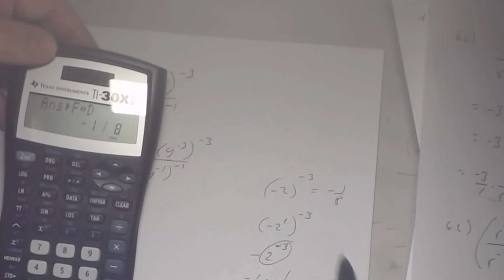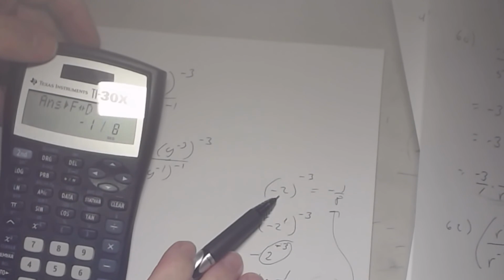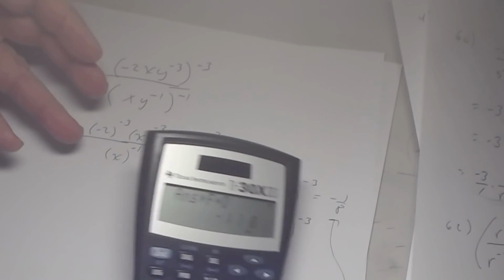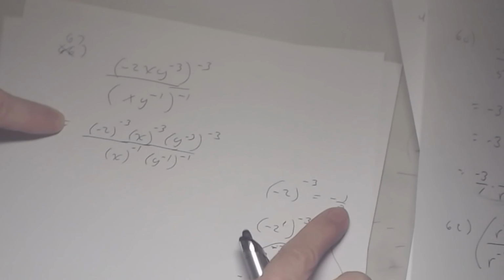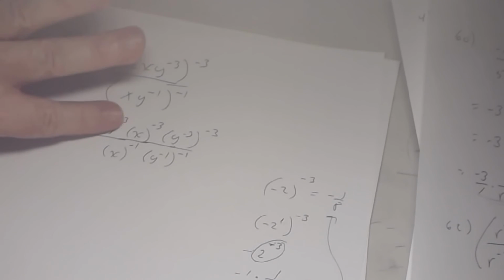So you get -1/8. All right? So dealing with this was not easy, but you have a calculator. Use your calculator to help you. All right, so in the end, I'm going to keep in mind that -2 to the -3rd is what fraction? -1/8.